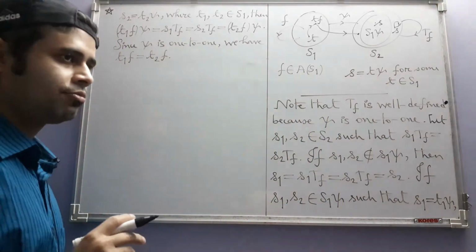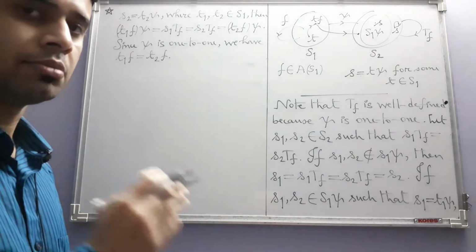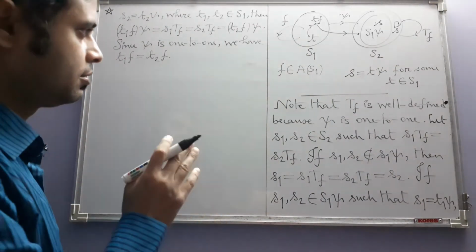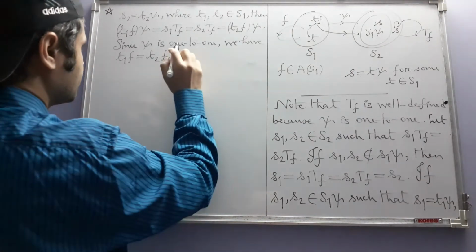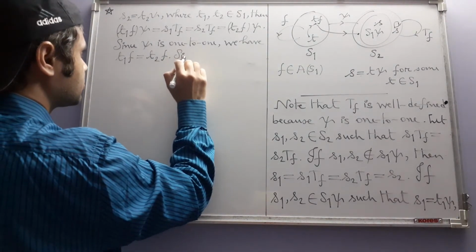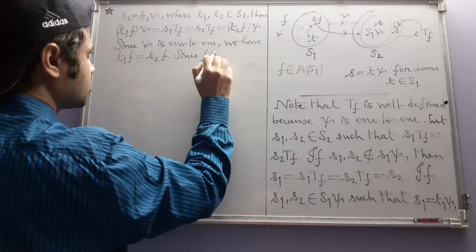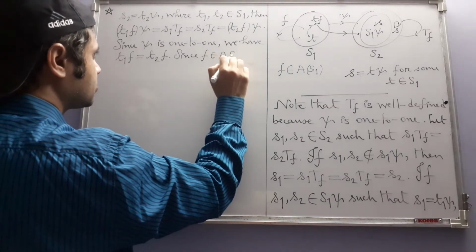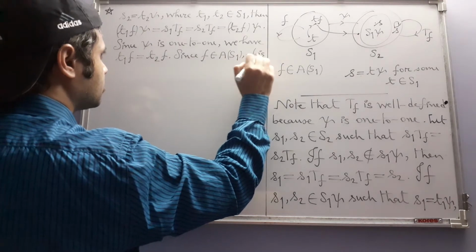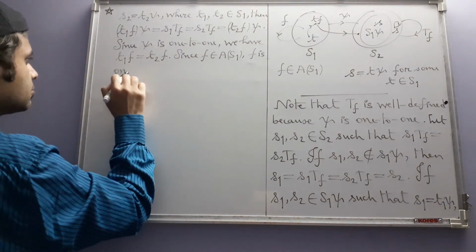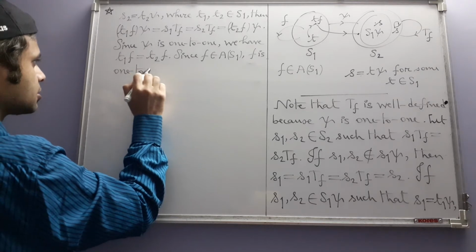So f is in fact a bijective function from S1 to itself, and hence f is 1 to 1 since f belongs to AS1, f is also 1 to 1 just like psi.